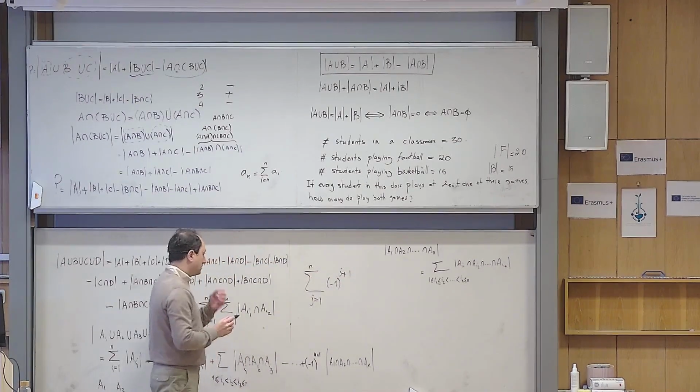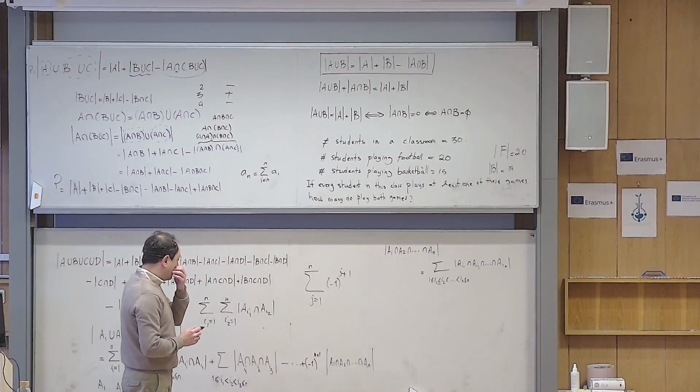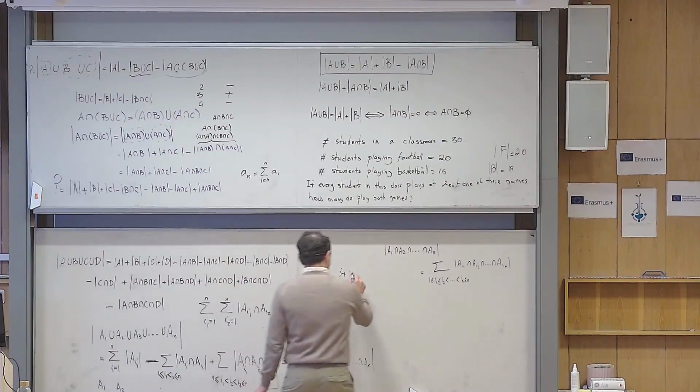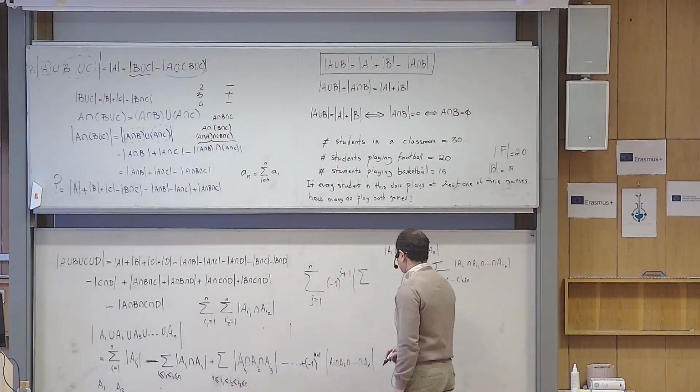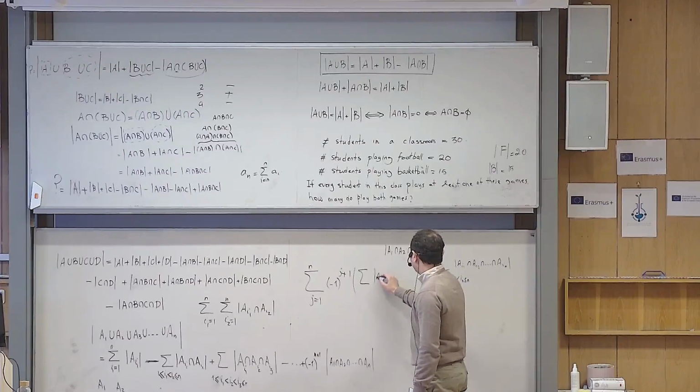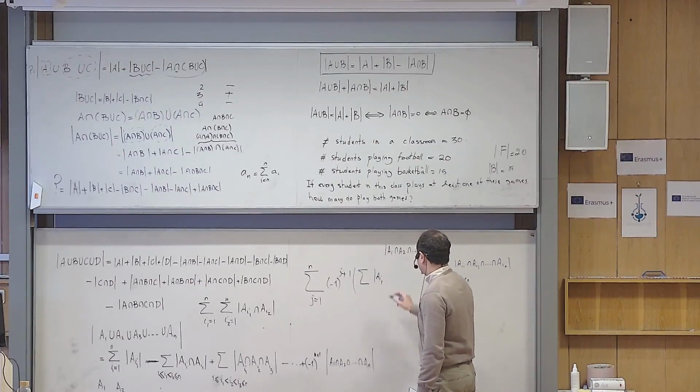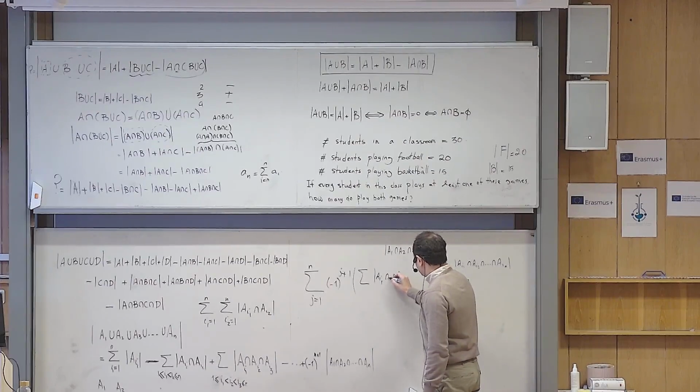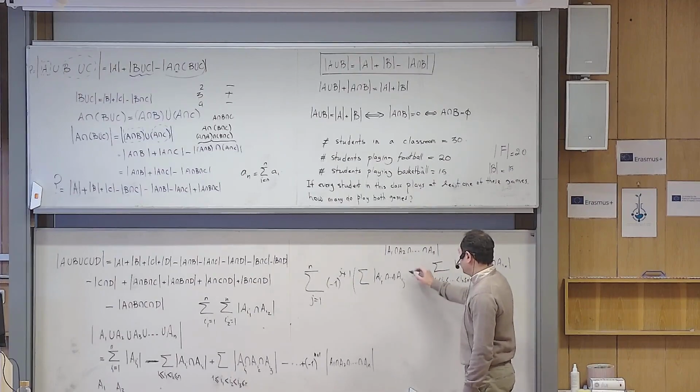Multiple counters in one sigma. And then there will be another sigma here. But then I will have the cardinality of A_I1 intersection up to A_Ij, with index j.